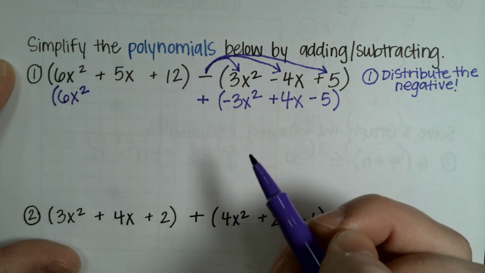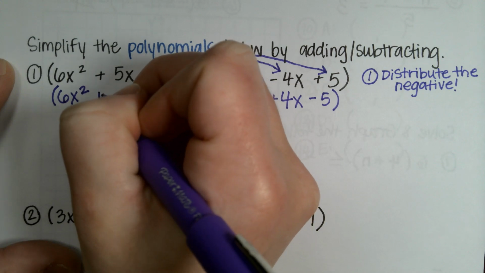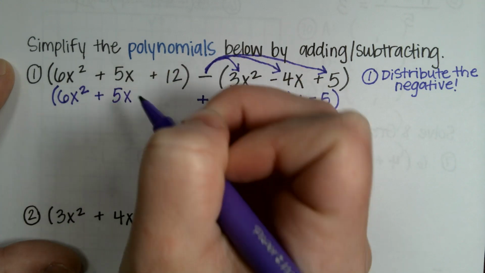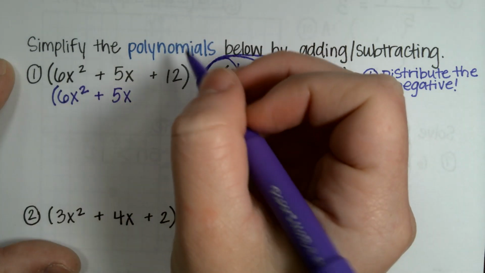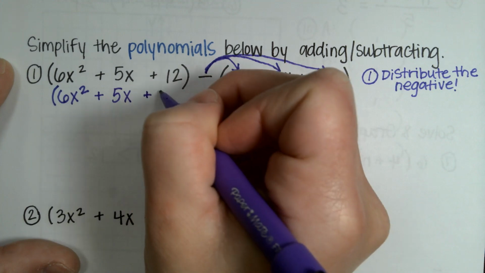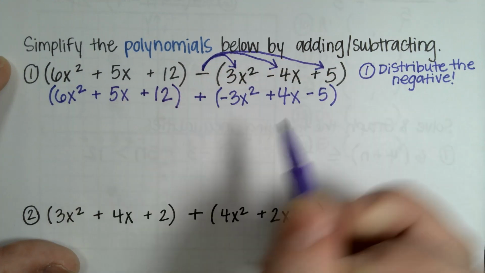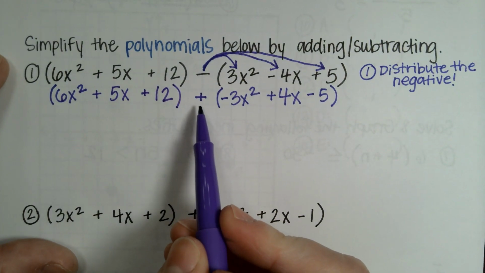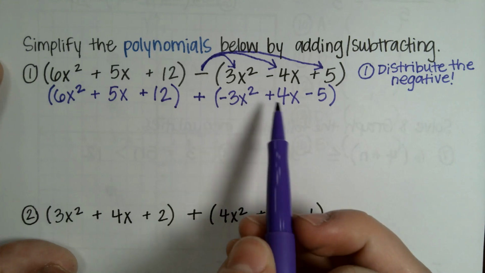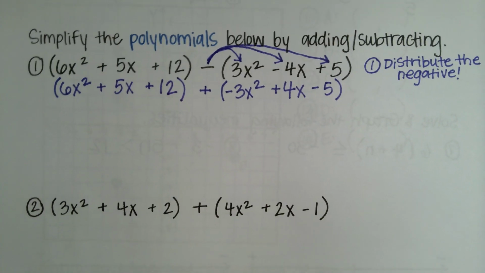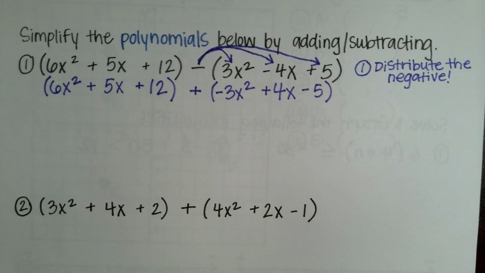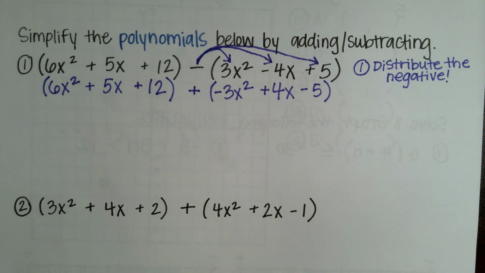I've got 6x squared plus 5x, and we don't change anything in this first one, we just bring it down, plus 12. And now we've got an addition problem, plus negative 3x squared plus 4x minus 5. Okay, do you guys remember, now that we have an addition problem, what do you think we should do next?